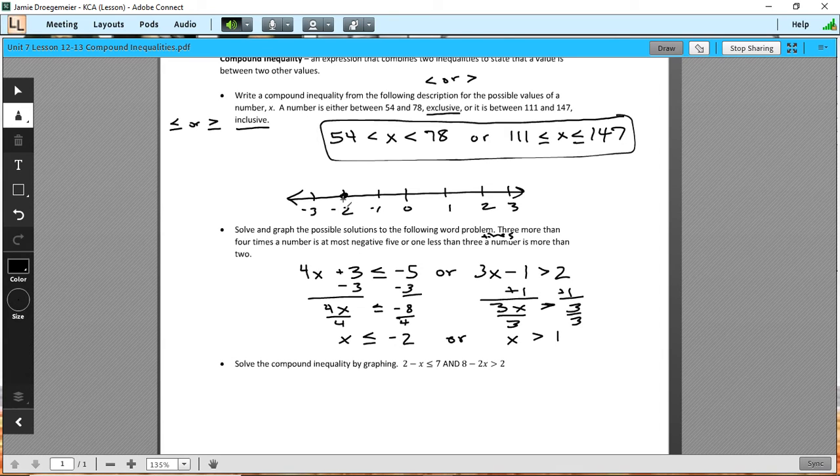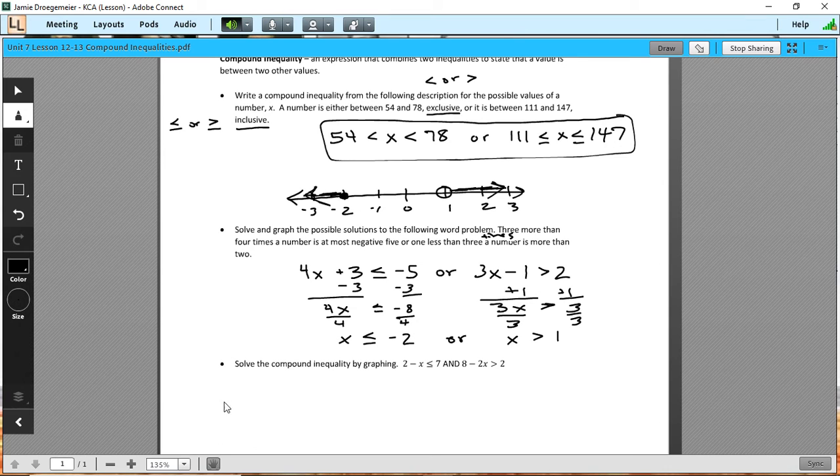It can equal -2, so we use a solid circle there, and then we would be shading to the left. For x is greater than 1, it cannot be equal to, so we use an open circle, and we shade to the right. So anything that's in those shaded areas would be a solution to this compound inequality.